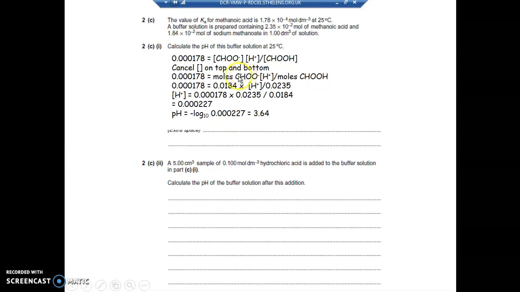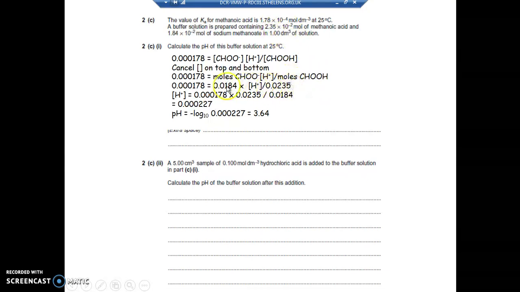I've actually been given these two values here, the number of moles. The number of moles of CHOO minus, which is sodium methanoate, is 1.84 times 10 to the minus 2, 0.0184, and the number of moles of methanoic acid I've been given is 2.35 times 10 to the minus 2.